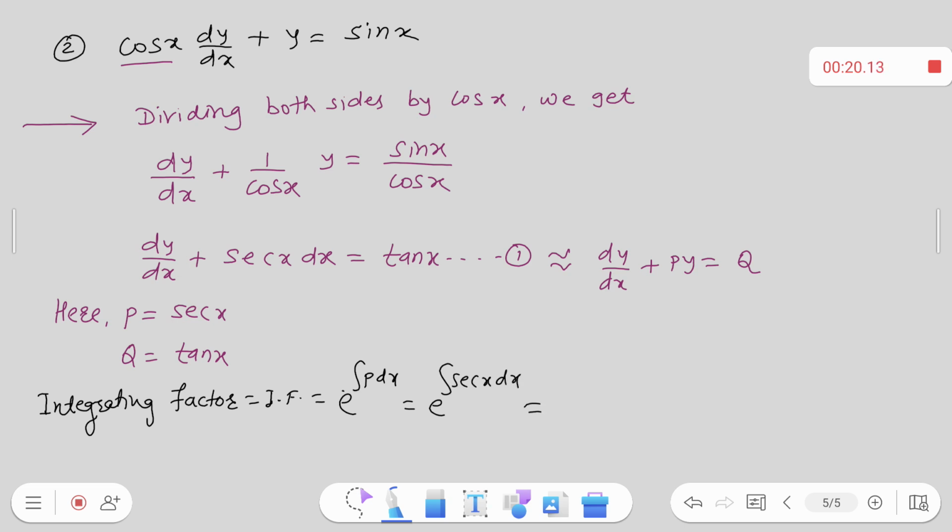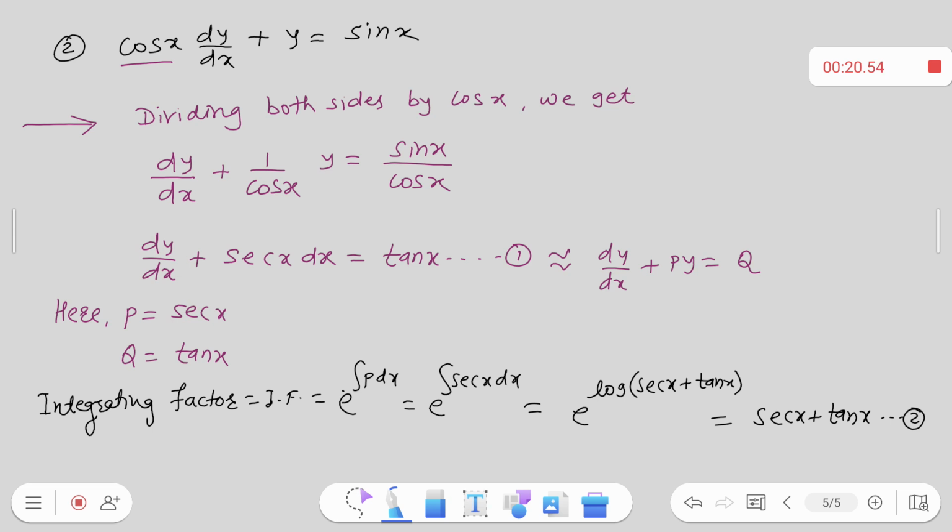As we know, the integration of sec x is log of sec x plus tan x. So e to the power log is nothing but the function itself, so sec x plus tan x. So your integrating factor is only sec x plus tan x. E to the power log a is a. So e to the power log of sec x plus tan x is only sec x plus tan x.